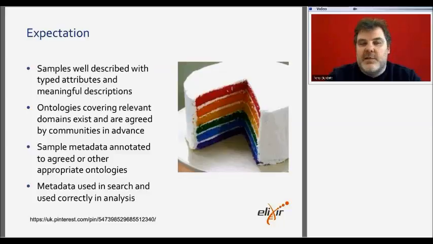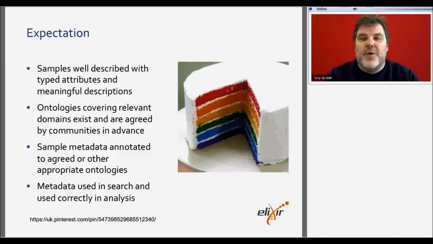We hope that there are ontologies that cover the domain being studied. So if you're looking at some sort of plant sequencing experiment, for example, then maybe there's an ontology to describe the sequence and to describe the species and the environment for the plant.